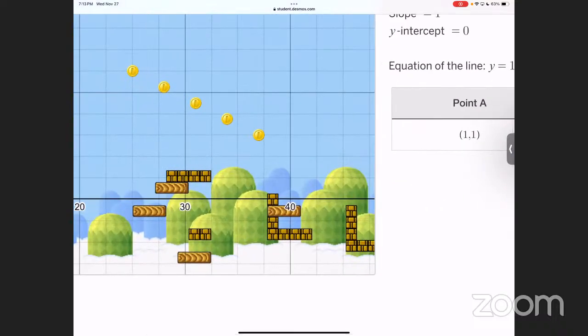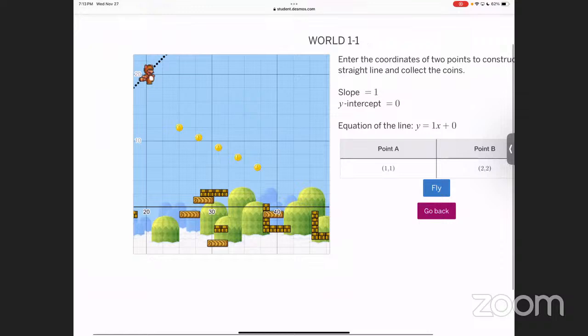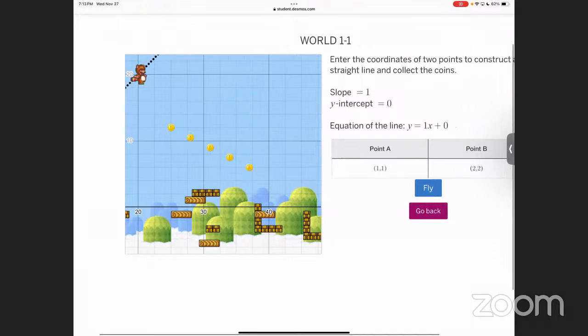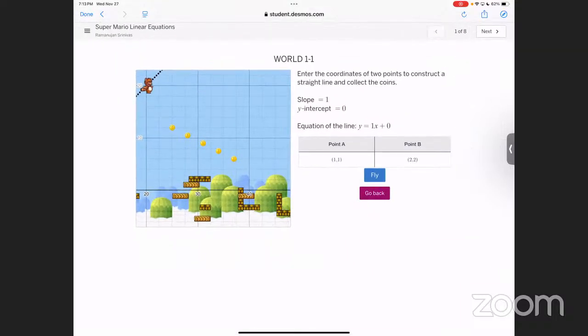This is 30, this is 40. So 1, 2, 3, 4 boxes. If I go by 4 boxes, each box is how much? I can't really find a coordinate by going there, but you have to estimate a coordinate. So let's go back to the diagram to see what one of the coordinates can be.